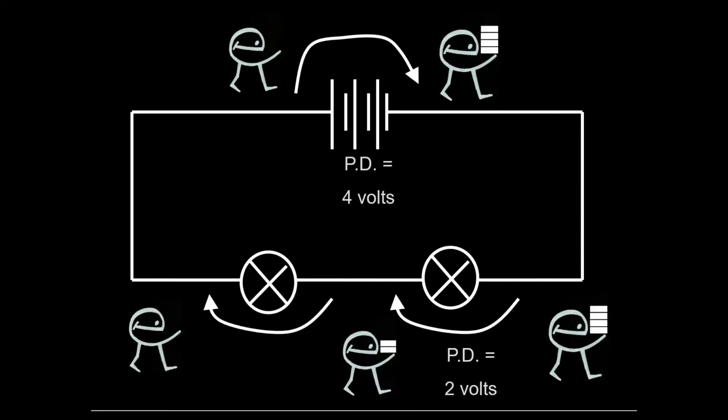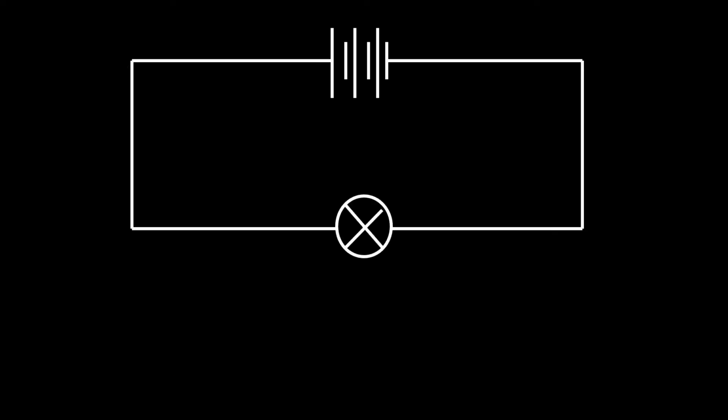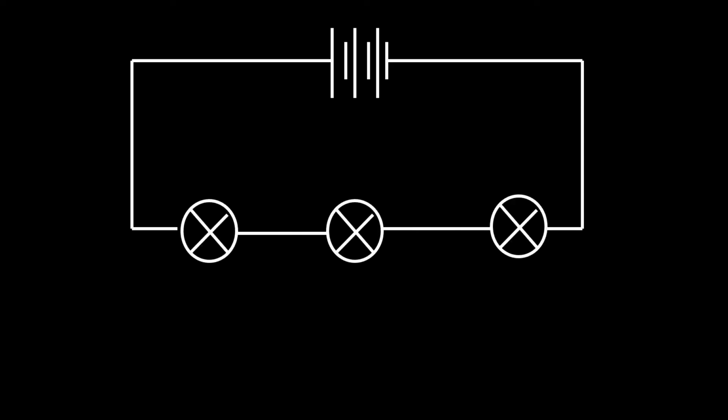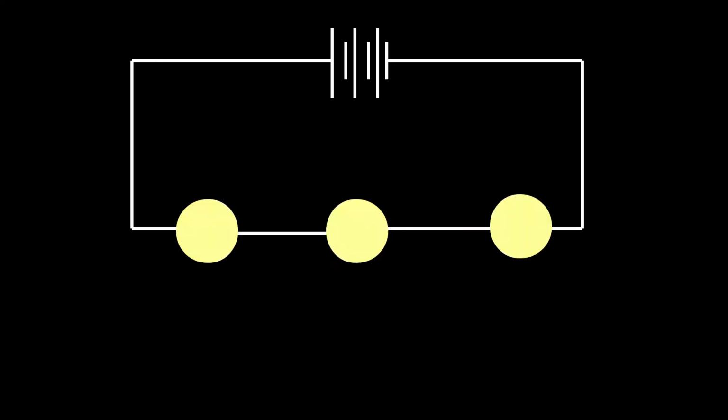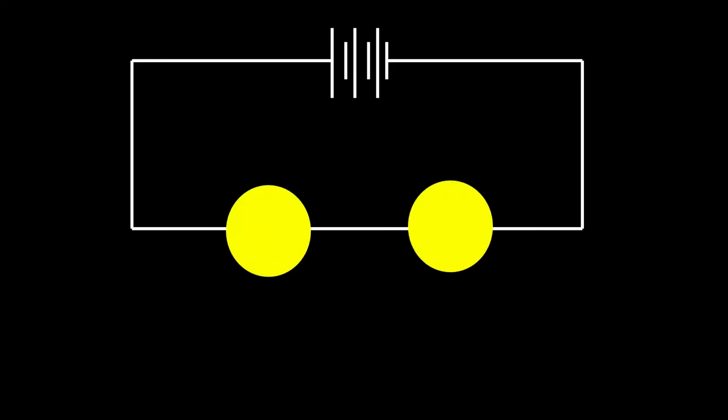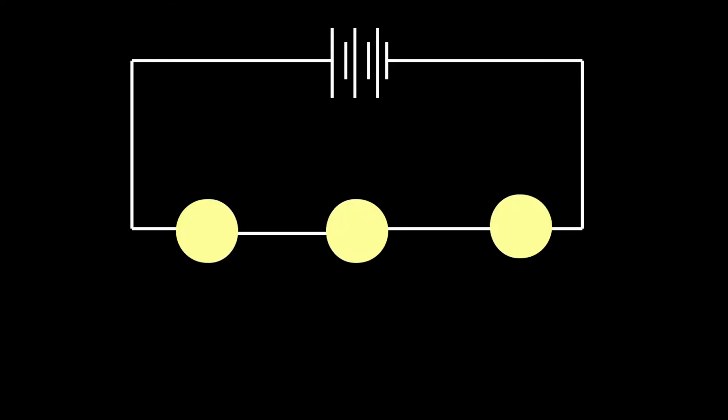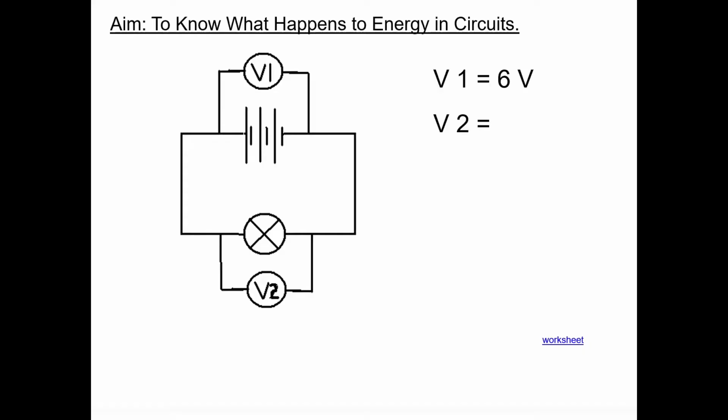And here, they've used up another 2 volts, and they get back with 0. The little electron over there on the left has got 0 volts, gets back to the battery, and then it's going to pick up another 4. So that explains why bulbs get dimmer. The amount of energy the electrons pick up is spent and shared amongst the bulbs, and so they get dimmer in a series circuit.